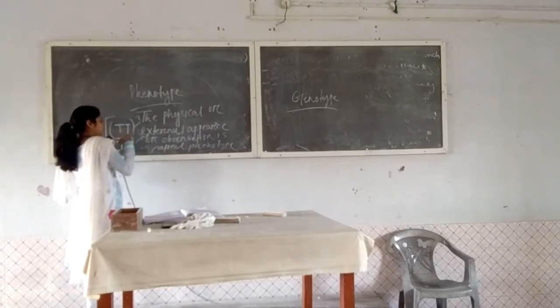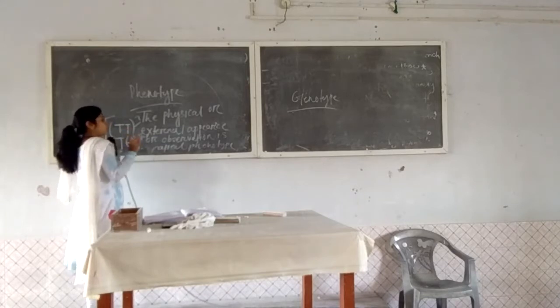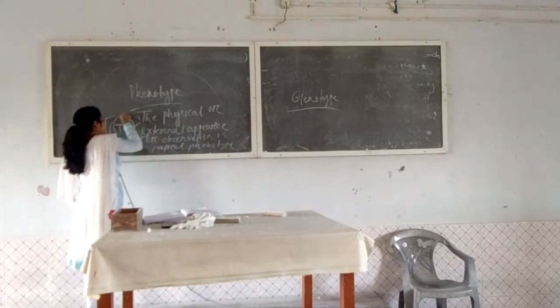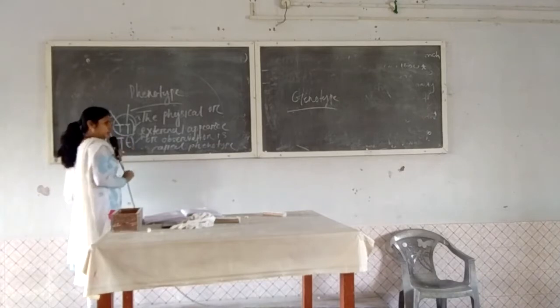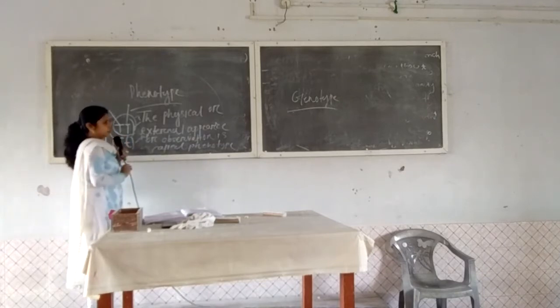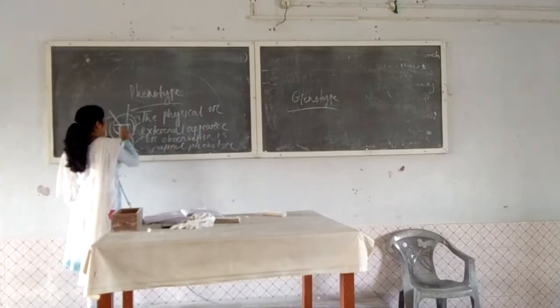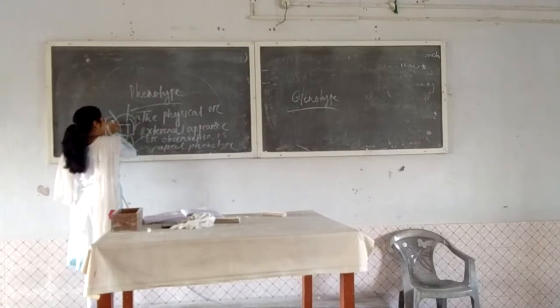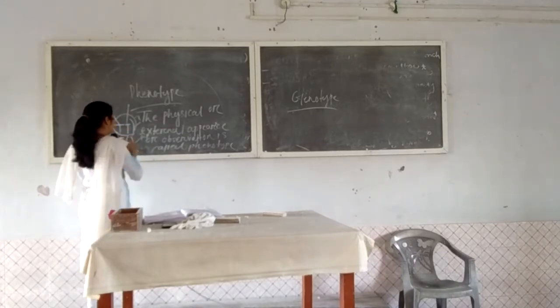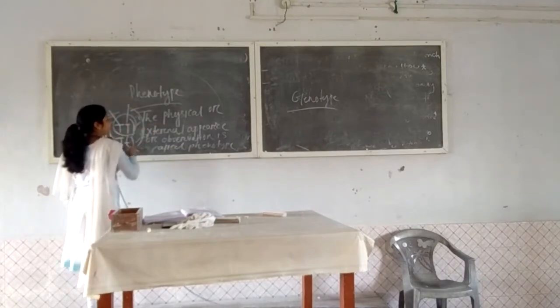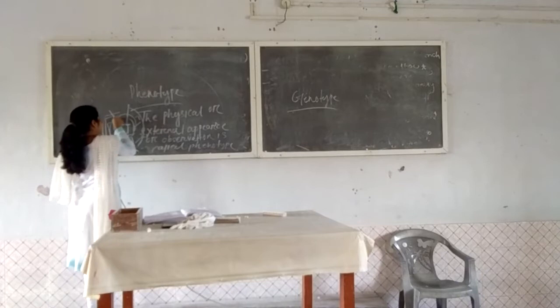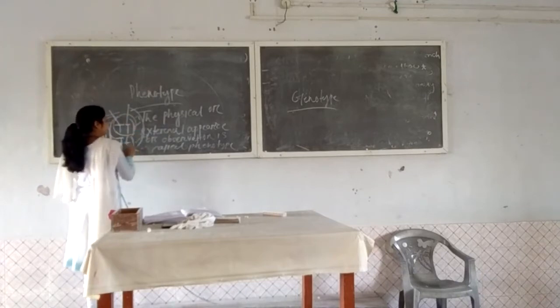But when we see their genotypic ratio or genetics, then both are different, because here both are tall genes or tall alleles, but here one tall gene is present and one dwarf gene is present. Genotypically they are dissimilar, but phenotypically they are similar. The external appearance is called phenotype and the genetic appearance is called genotype.